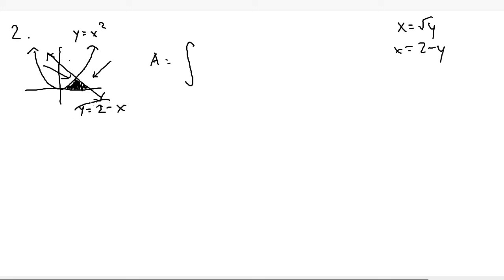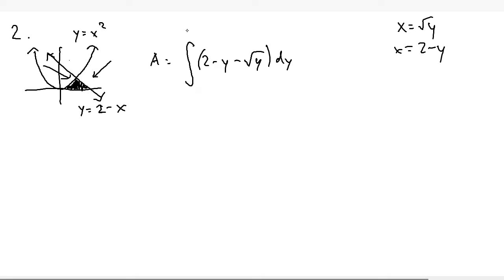And the right curve is y equals 2 minus x, which, when we put it in terms of y, is 2 minus y, minus the left curve, which is the square root of y, dy. And we also have to put in our two y bounds.